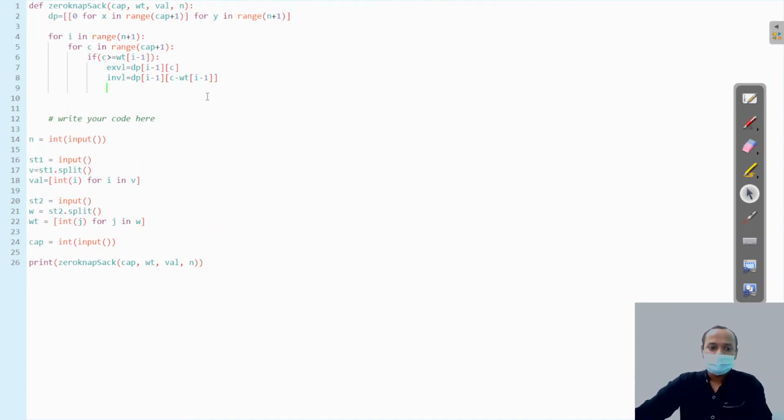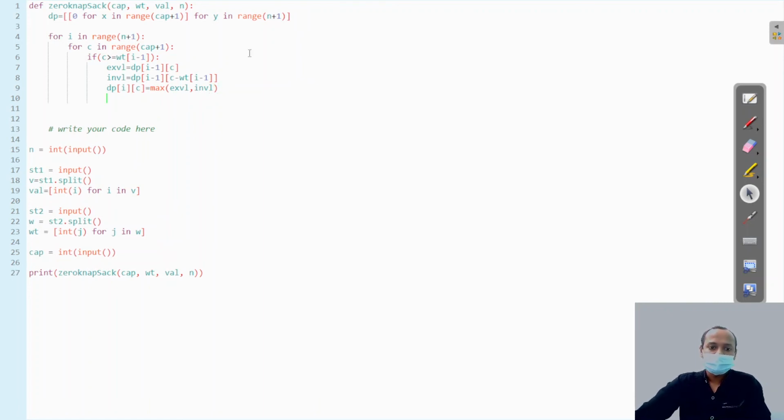Right. Now we have to store the value in our DP, the maximum of these two. So maximum of excluding value and including value. Okay, so we get the maximum value.